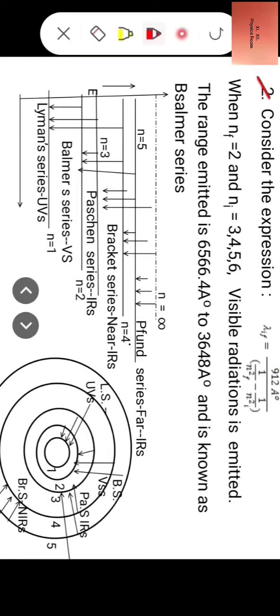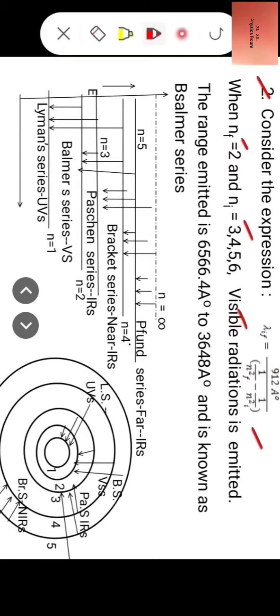Now case 2, consider the expression lambda IF is equal to 912 divided by 1 by nf square minus 1 by ni square again. Now when nf is 2 and ni is equal to 3, 4, 5, 6 and so on, visible radiations are emitted.